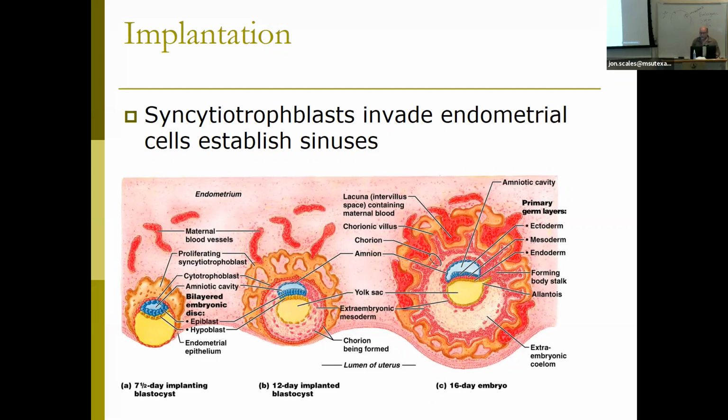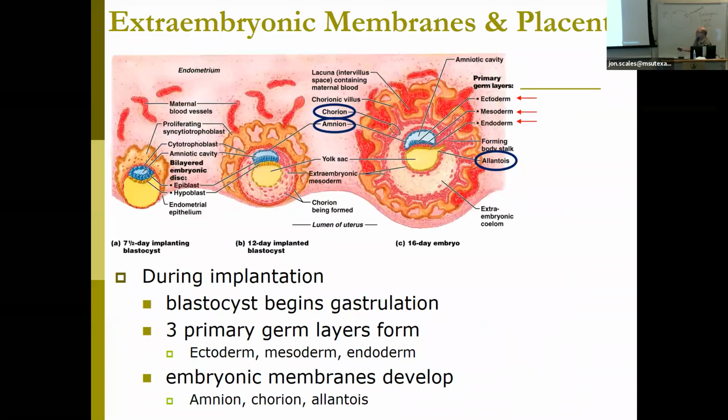Outside of the embryo, here's the embryo itself, but outside of the embryo is a lot of tissue that all came from the embryo. Those tissues are called extra-embryonic tissues. They're what's going to constitute the placenta and these membranes that surround the embryo. The membranes that surround the embryo are the chorionic membrane, the amniotic membrane, and the allantoic membrane.